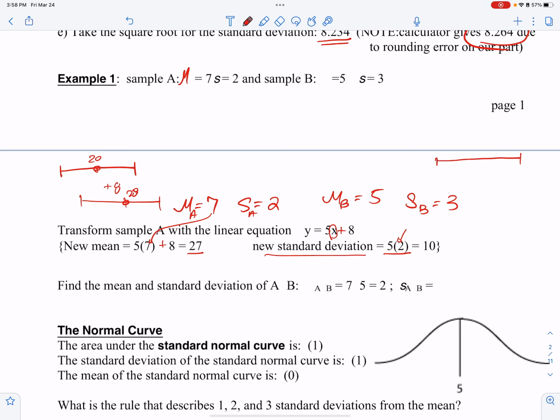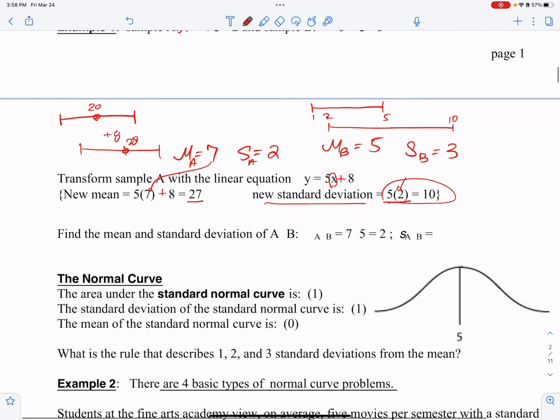If this was my original spread, let's say from 1 to 5, and I multiply that by 2, now it's going to be 2 to 10. So my spread is now twice as wide. That's why we multiply the standard deviation, so I get 10.